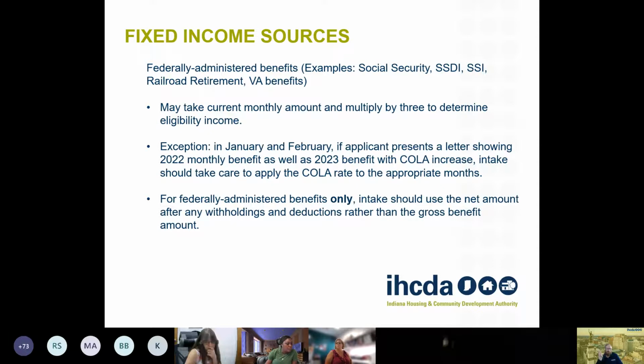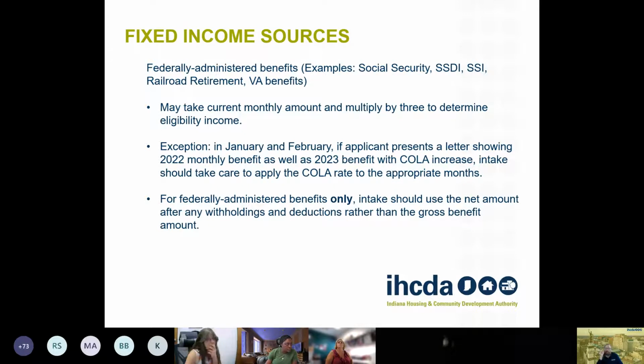And I think I talked about this a little bit in one of the videos yesterday. If they apply in January and the letter has both the 2022 and the 2023 amounts, then they would apply the 2023 amount to January and the 2022 amount to November, December.